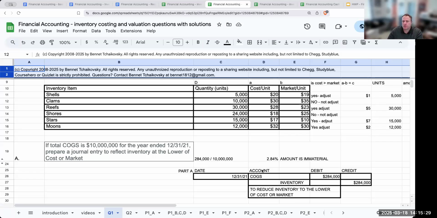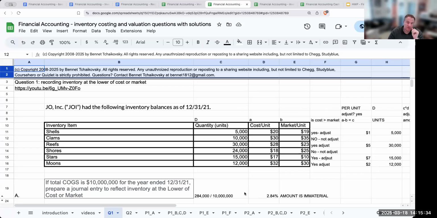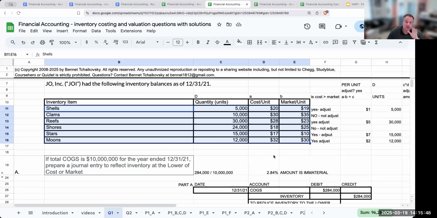So when you see these types of questions, I'm going to give you a bunch of different items that you're going to have to evaluate on an individual basis to determine if there needs to be a market adjustment. So that's recording inventory at the lower of cost or market.